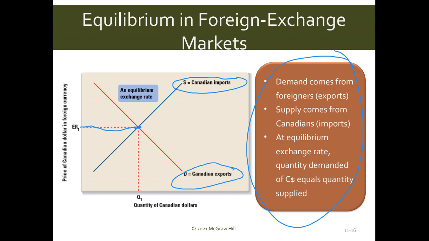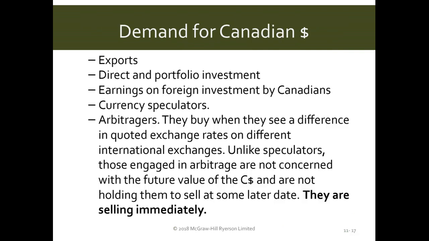What I have done in the actual slides is that you have different slides for this topic. I've already discussed why people demand our currency. There are several reasons, and in the diagram I only stick to exports. All these reasons are given here. Number one, why do foreigners demand our currency?